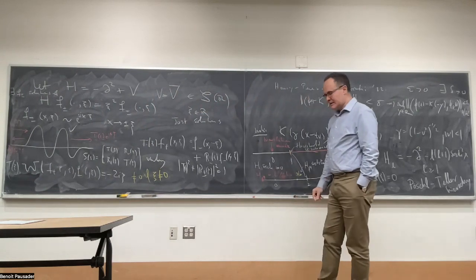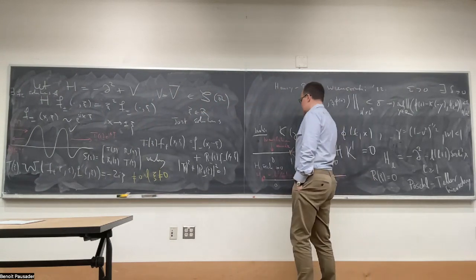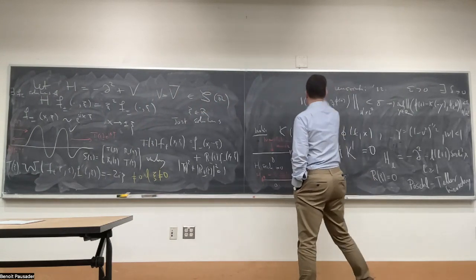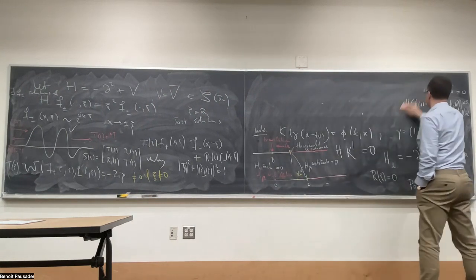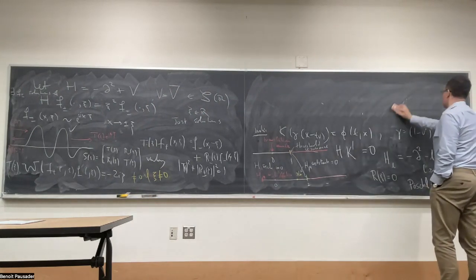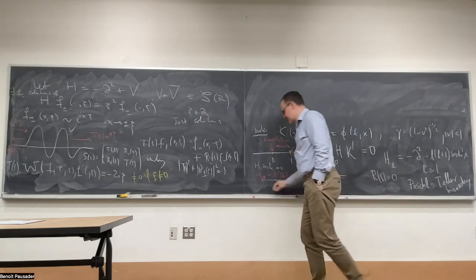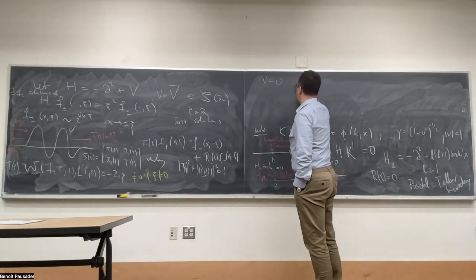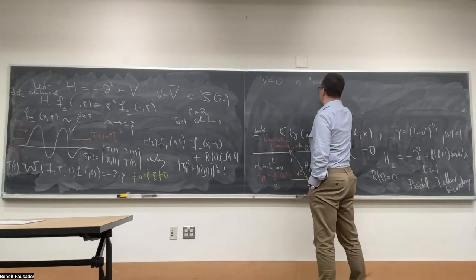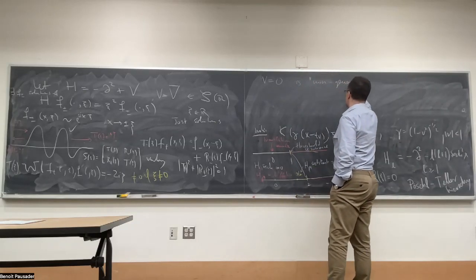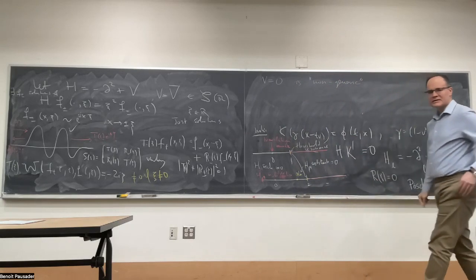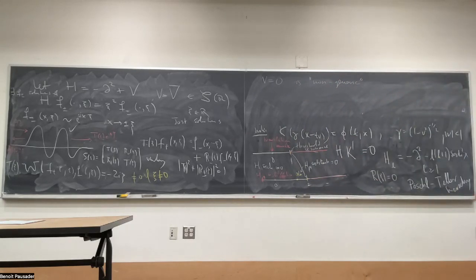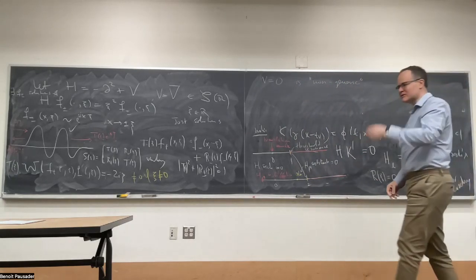Okay? Now look at the free case. Look at V equals 0. So V equals 0 is non-generic. And I'm using this term on purpose. It's not some vague term that I pull out of thin air.